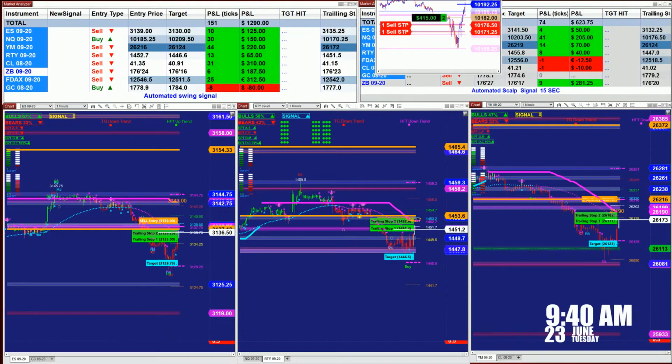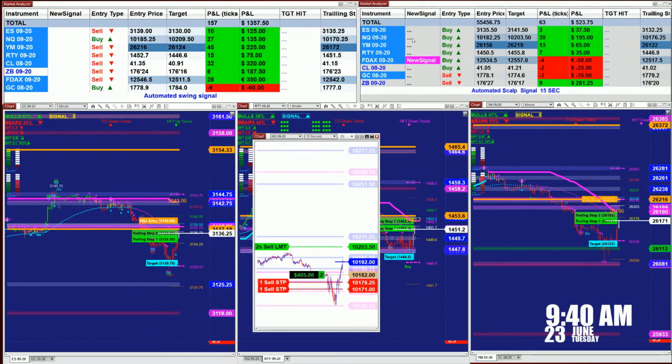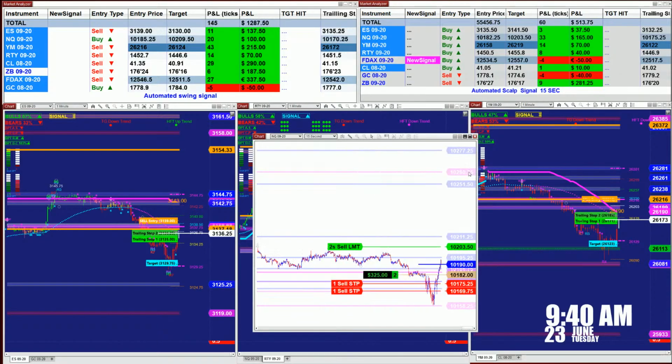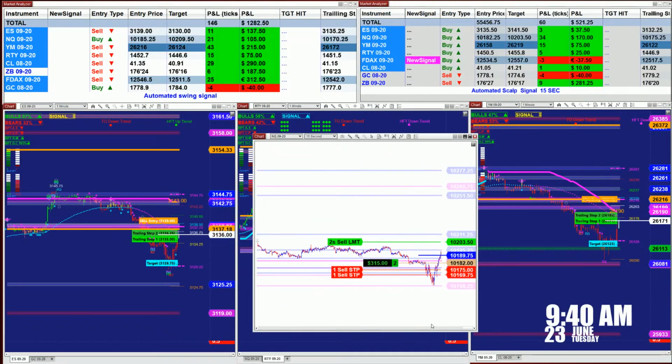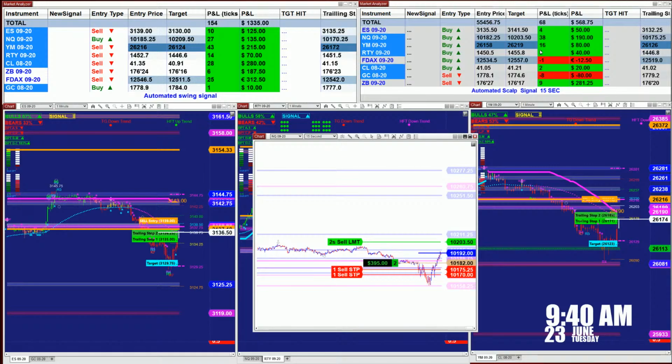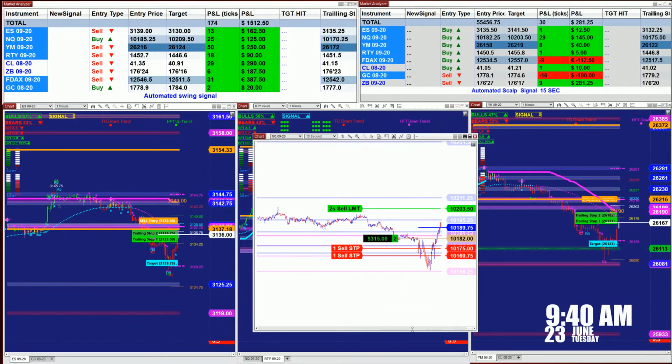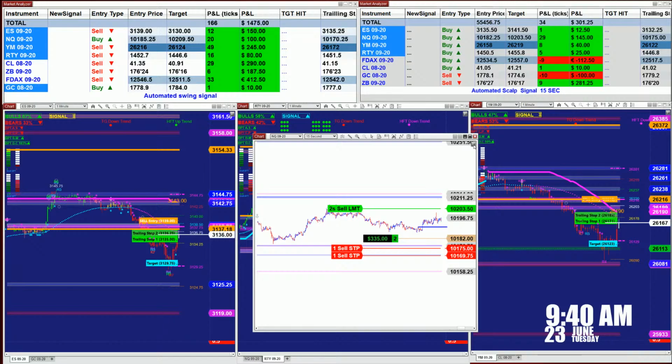And as we see on the NASDAQ a few seconds ago, we had a new entry on the NASDAQ, and here is the entry on the NASDAQ. We are using two contracts, but on the NASDAQ here on the scalper, we are using only one contract. So there is 39 ticks on the last entry signal, which popped out a few seconds ago in front of you. And now we are on that trade.